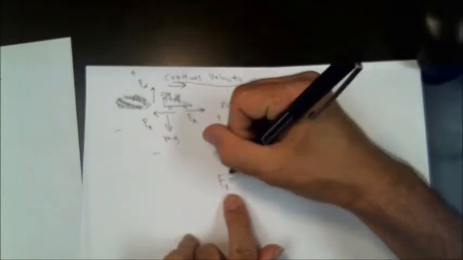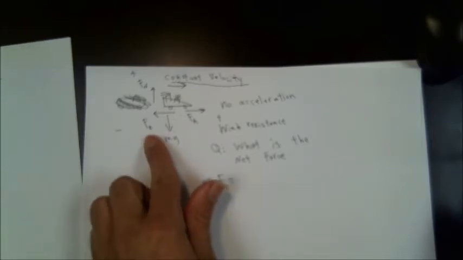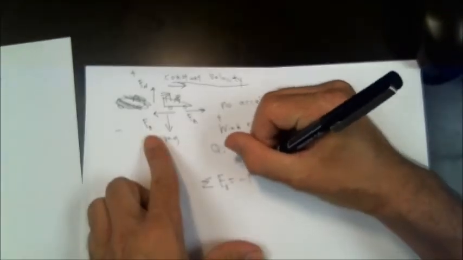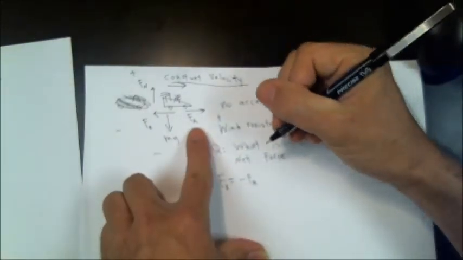Well, in the x direction, that's the horizontal force, or I'm sorry, I'm not drawing this very well. There we go. Sum of the forces in the x direction. This is the sum signal, and here's my variable force in the x direction. I'm going to list all my forces. Negative F of r, positive force applied.